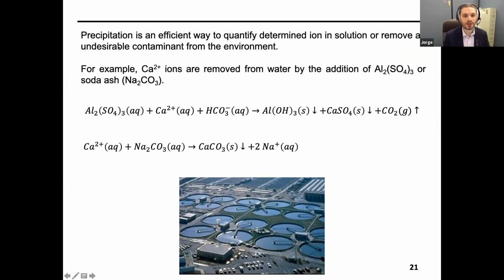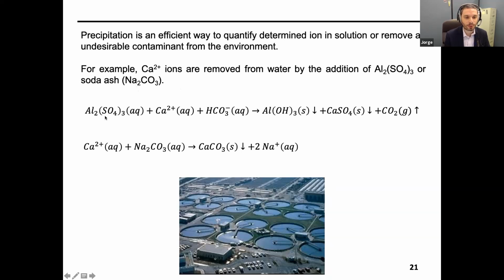Just know that precipitation is an efficient way to quantify a determined ion in solution or remove an undesirable contaminant from the environment. For example, calcium 2+ may be found in water. And one way to remove calcium 2+ from the water is by adding aluminum sulfate or soda ash, which is sodium carbonate.